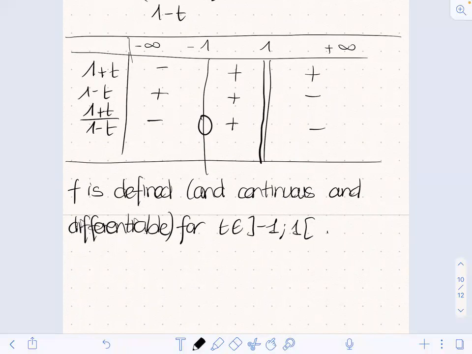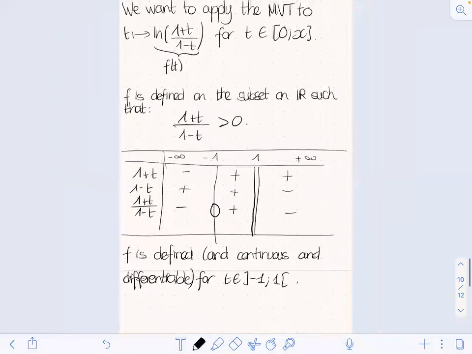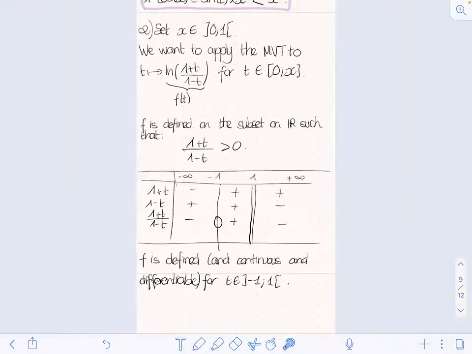So that's the first step. And what we want to do, if we come back to what we're going to try and do, is apply the mean value theorem to our function f, but for t between 0 and x, for x between 0 and 1.